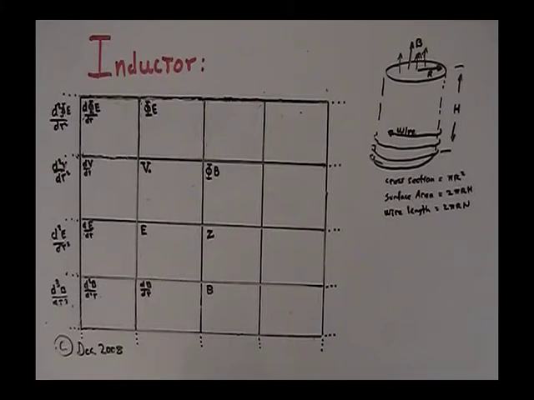And so then we can write flux B is mu naught N over H N pi R squared.